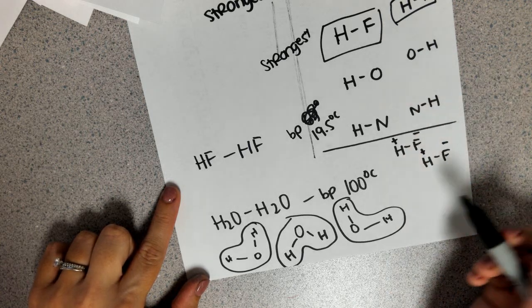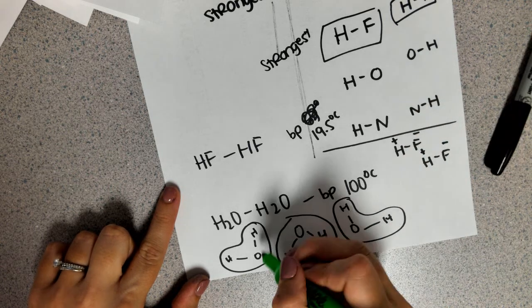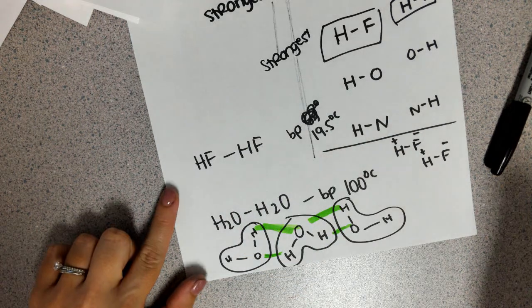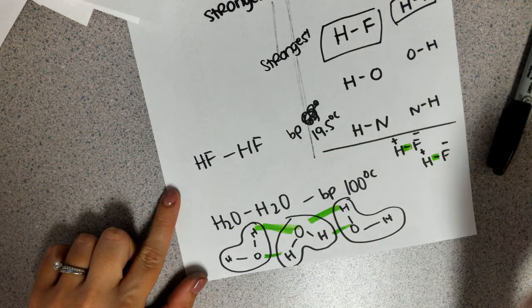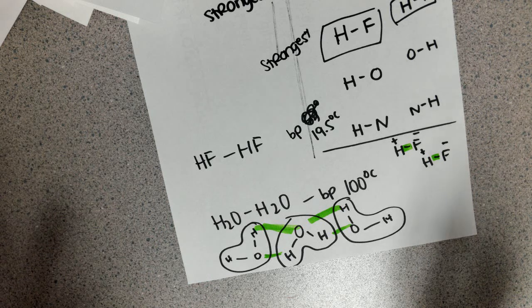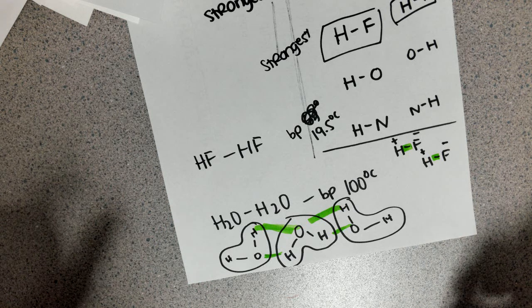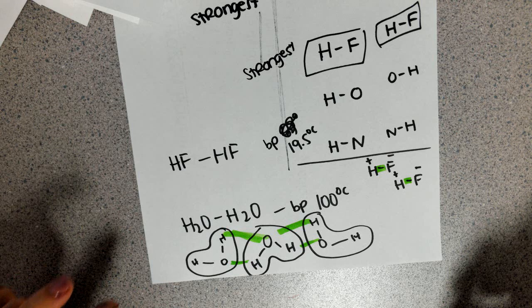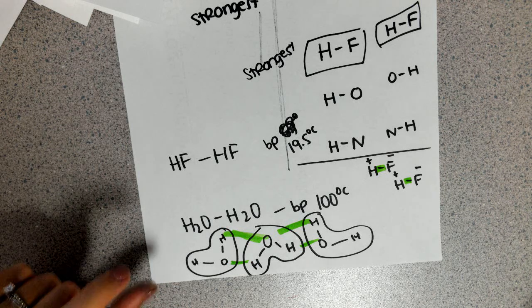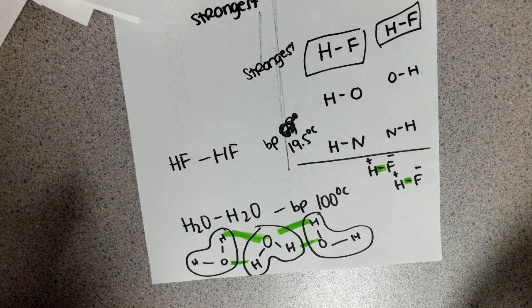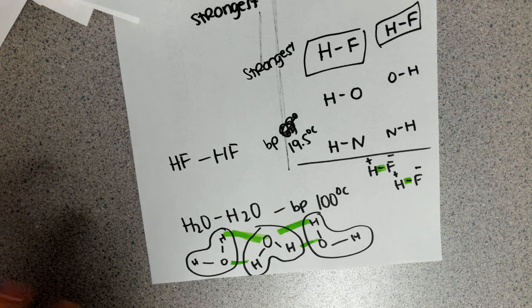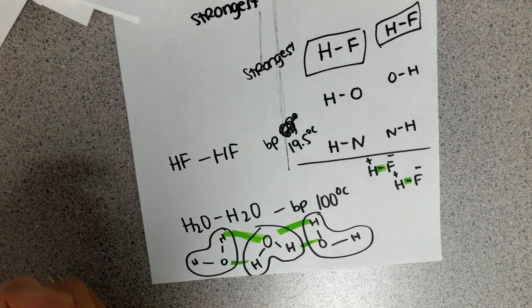It can't make as many hydrogen bonds between molecules as water can because it only has that one bond. So when you're comparing the strength of HF, OH, and NH bonds, yes, HF will have the stronger hydrogen bond, but you have to also compare the number of bonds there are. So how many things have H attached to an O, N, or F? Because the number will influence as well.